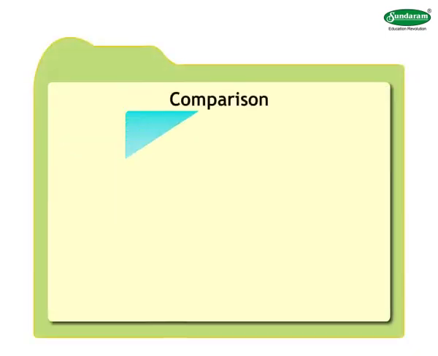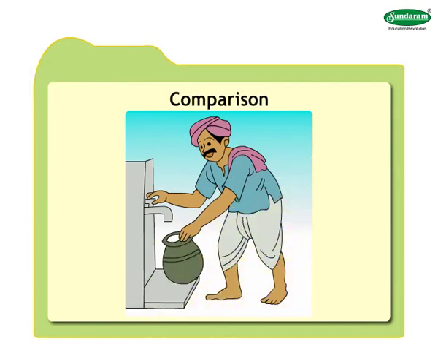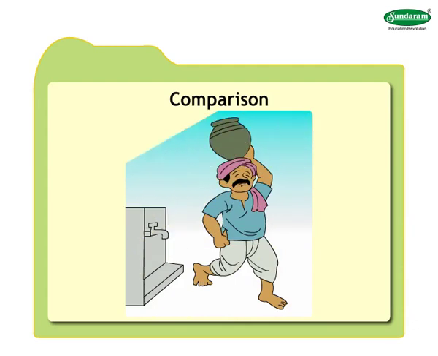Now, look at the next picture. The man has kept an empty pot under the running tap to fill water in it. Then, the man is carrying the pot filled with water on his head and walking away.